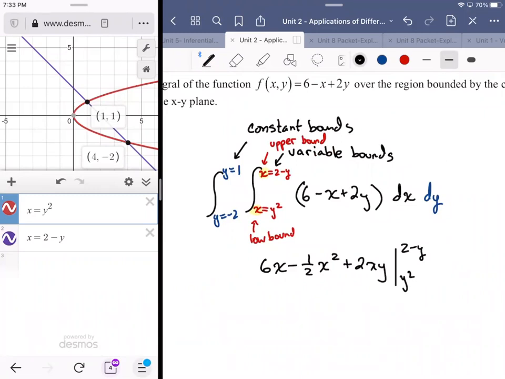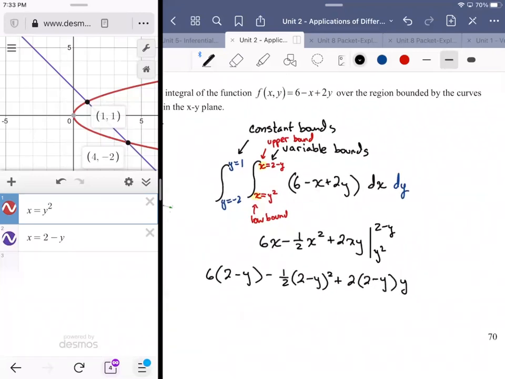So instead of x, it's 6 times 2 minus y, minus 1/2 times 2 minus y squared, plus 2 times 2 minus y times y, and then all the same stuff again, just with y squared.